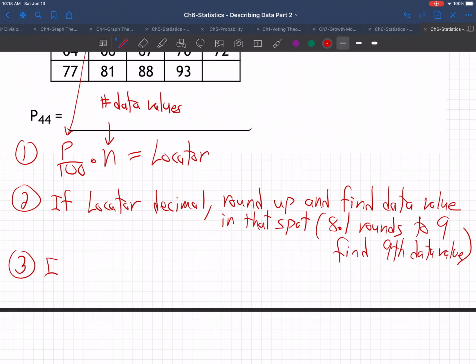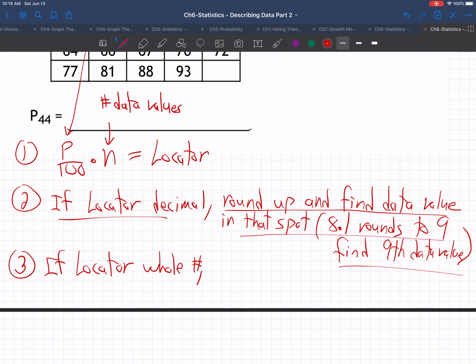Step 3, though, if the locator is a whole number, right? It's not a decimal. So if it's a decimal, we round it up and find the data value in that spot.